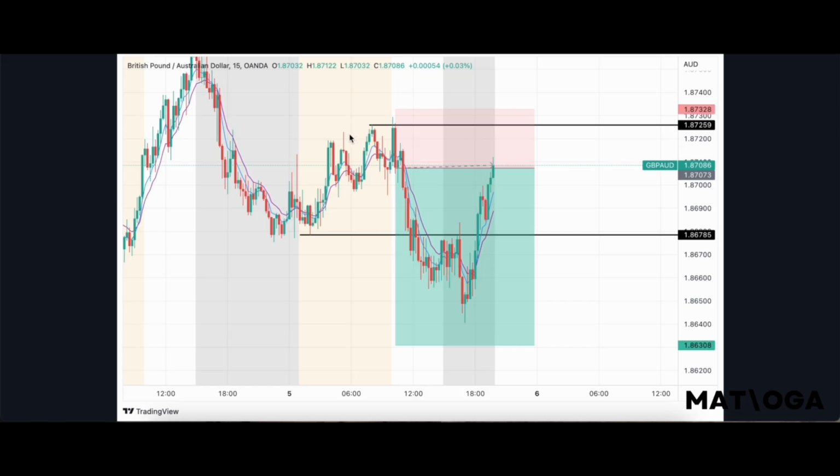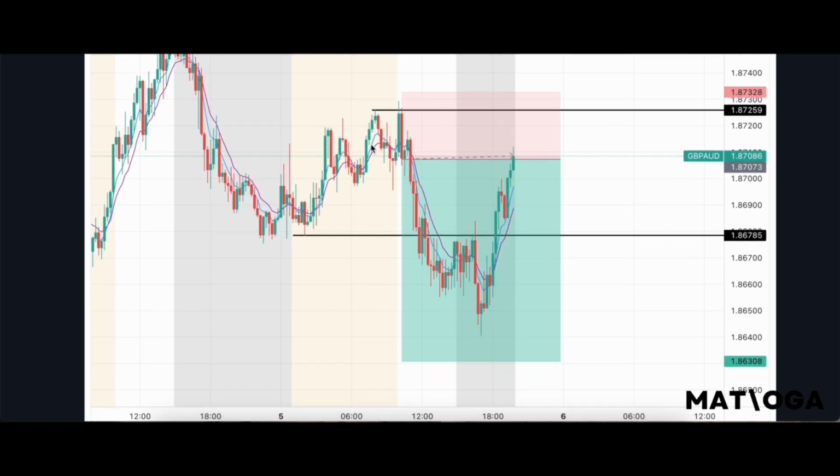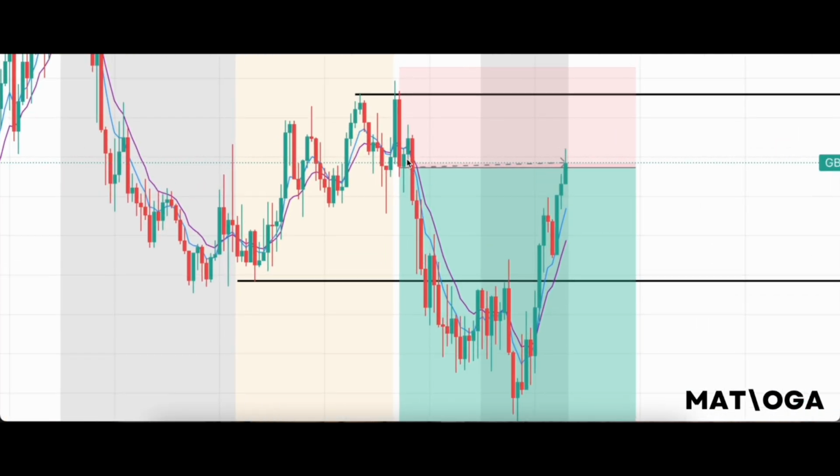What happened here? Once again, we have the session high, session low. The moment after London session opened, it right away went straight to retest the session high. Now, as you can see, this is not a breakout because we haven't closed above the session high. Next candlestick showed a massive red bearish candle.